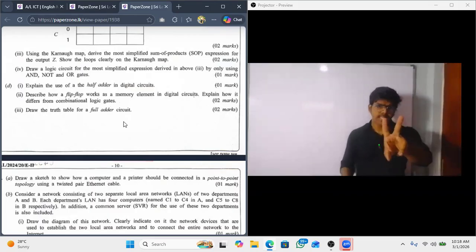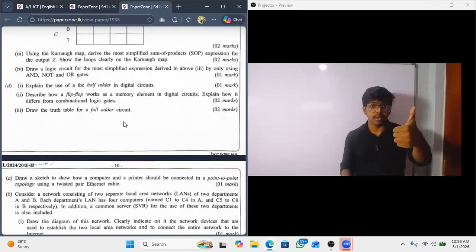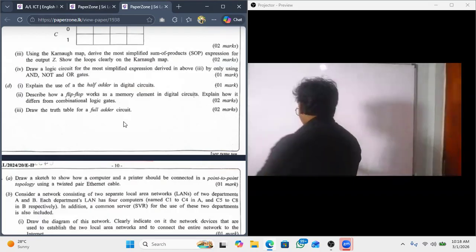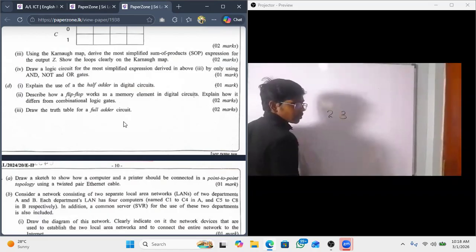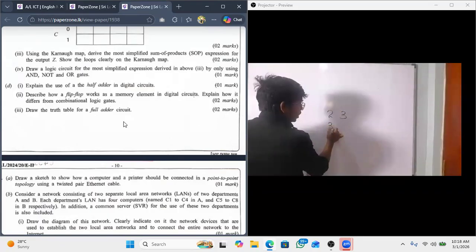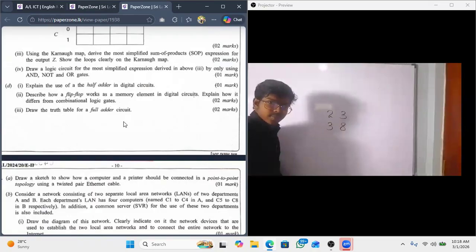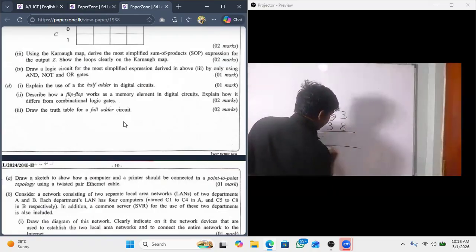Now, draw the truth table for the full adder circuit. In the full adder, as I said, we can add 2 bits plus the carry in. Now, with the normal addition, how do you add? Let's see, 223 plus 38.